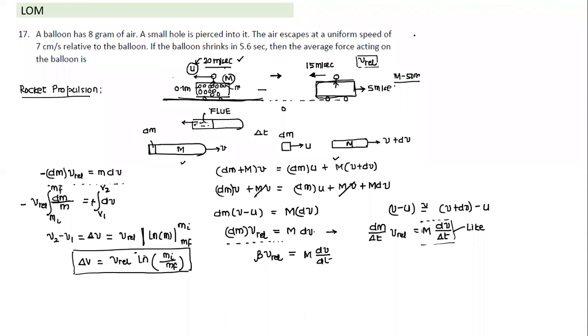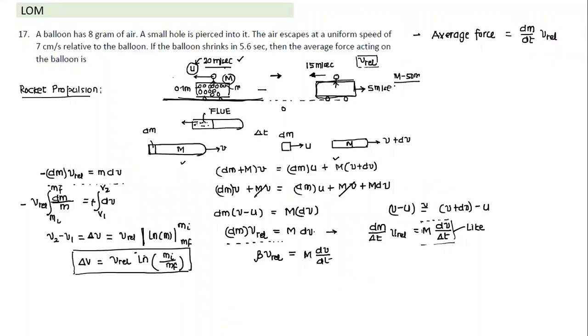How would you calculate this average force? What is given? The velocity is not given. Relative velocity is given. And as we have seen, average force is equal to dm by dt into relative velocity. And where does this expression come from?